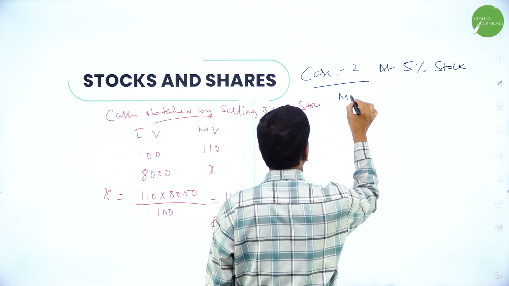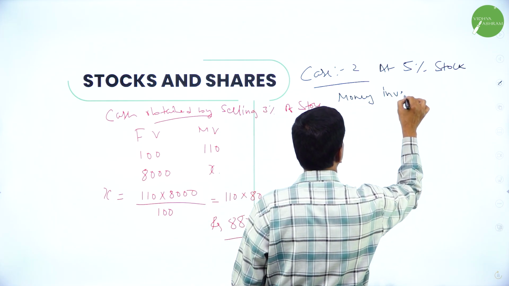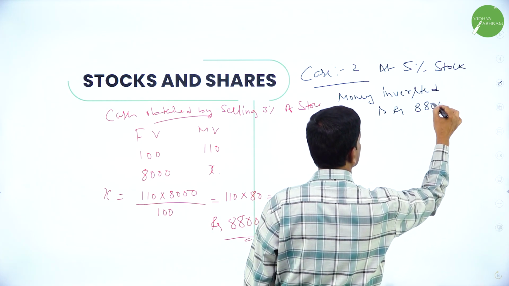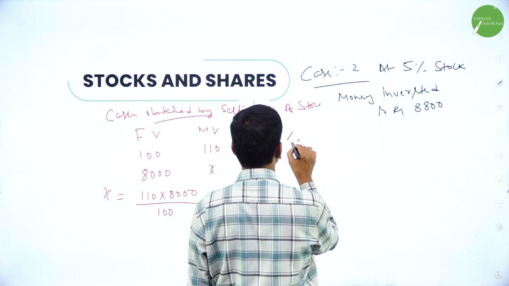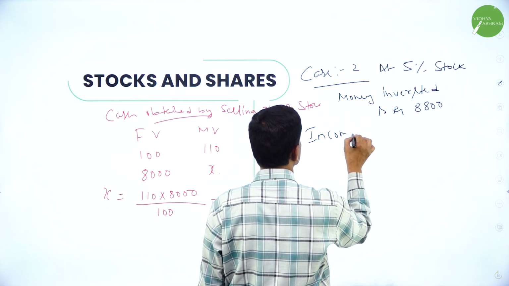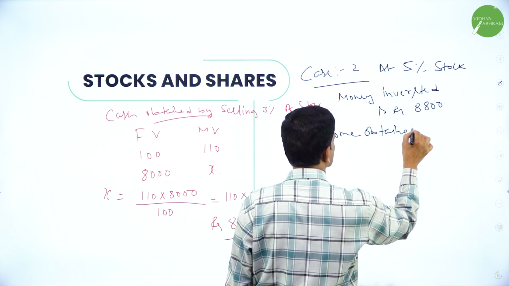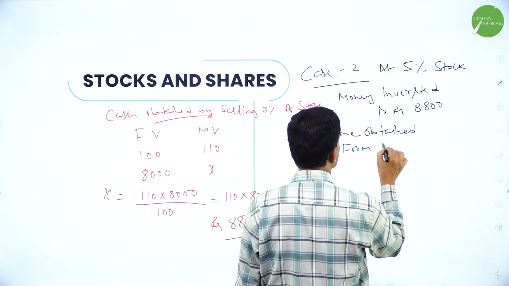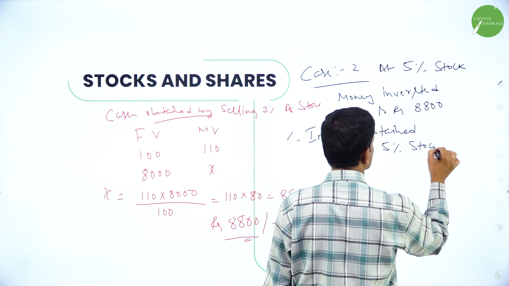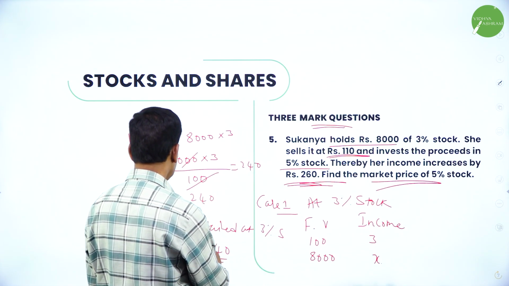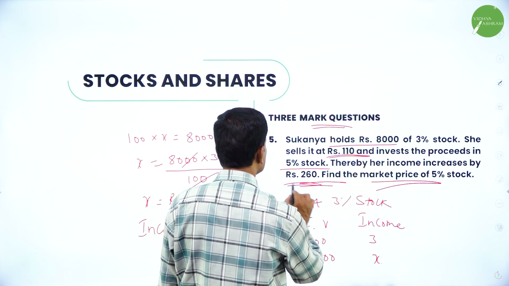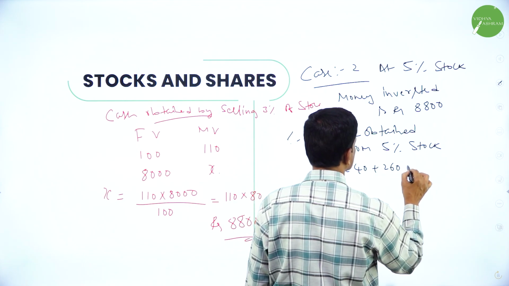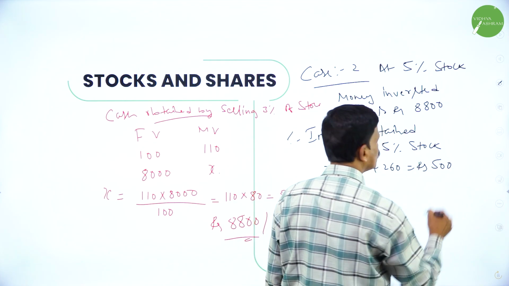Therefore the income obtained from 5% stock is equal to, how much did we get? 240. Our income increases by 260. So that is equal to 240 plus 260, which is rupees 500.